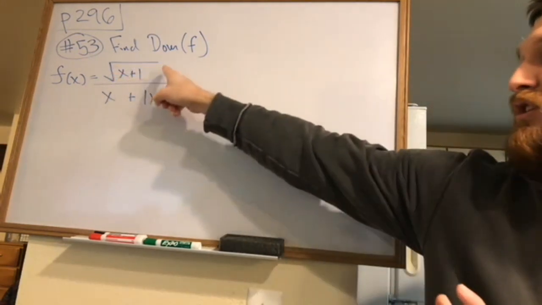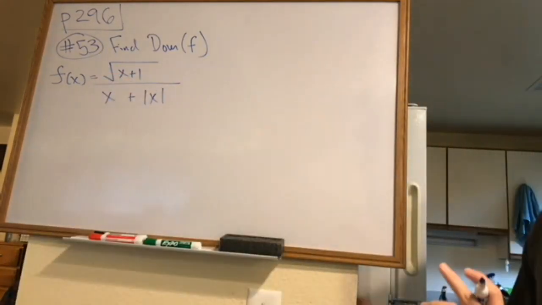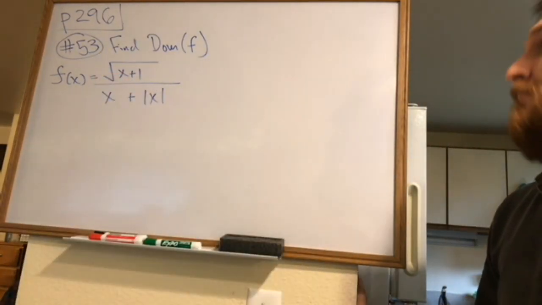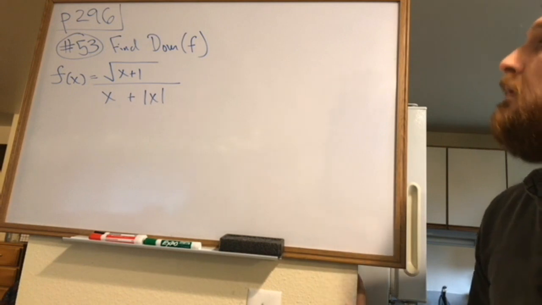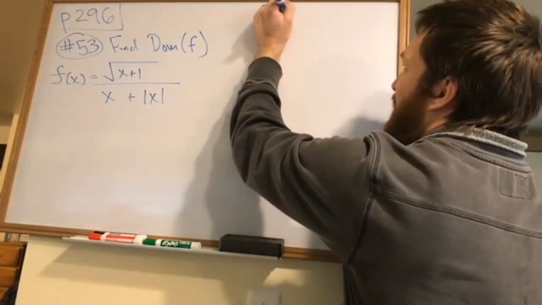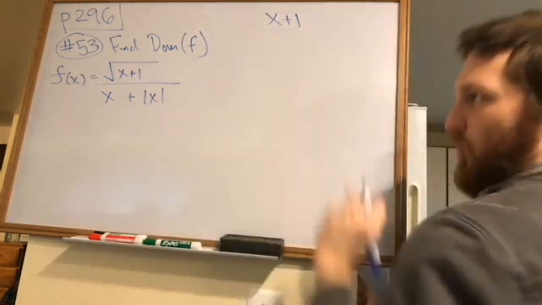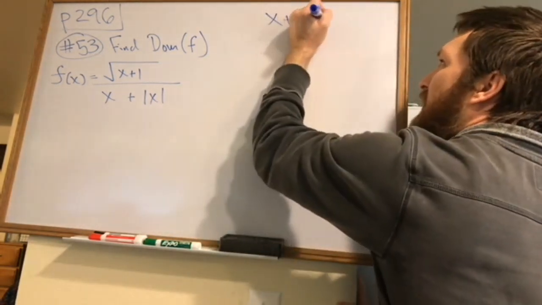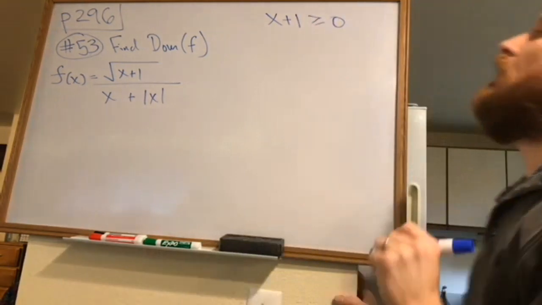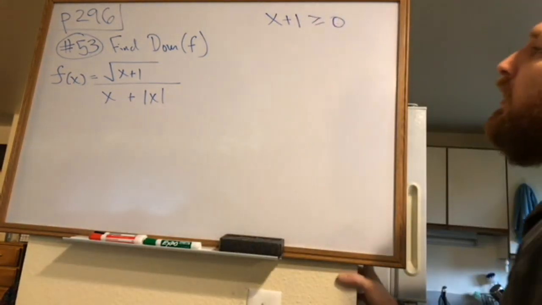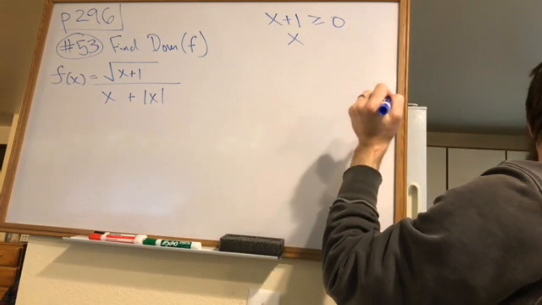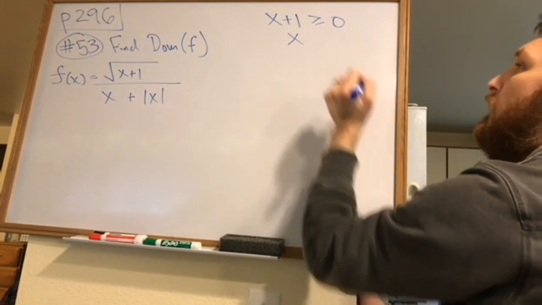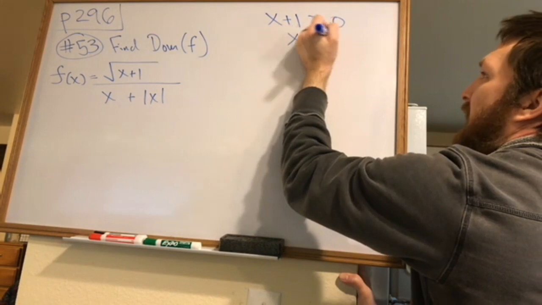This gives me a restriction, and what is it with the square root? x plus 1 is greater than or equal to 0. There you go, right? Whatever goes into the square root has to be greater than or equal to 0. So that means that x has to be what? Greater than or equal to -1, right?